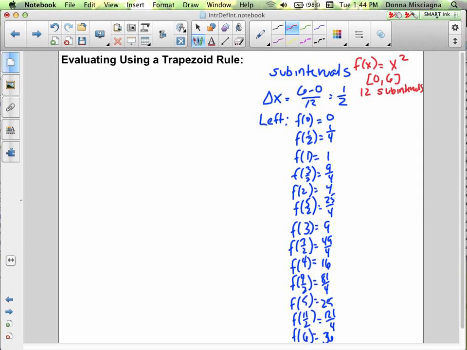So it's going to be this, but divided by 2n, so that will make this 1/4 for the trapezoid rule. I might as well get rid of the word left. That was for the left Riemann sum. Go away. There we go. All right, so trapezoid, not 16, just 12. 12 is enough.